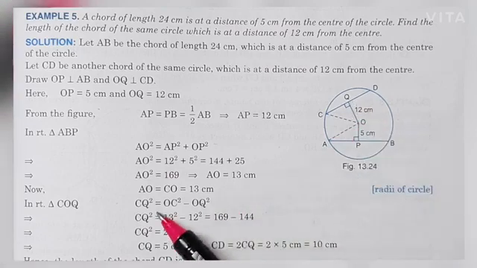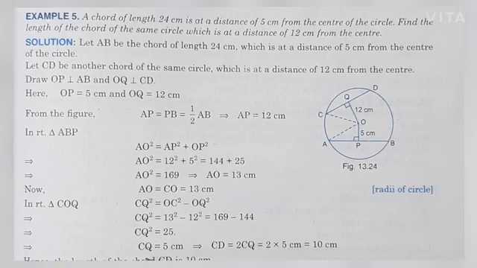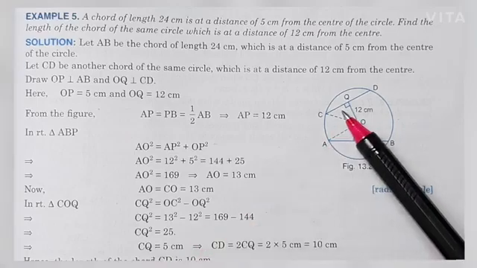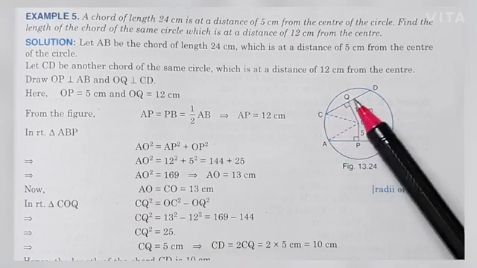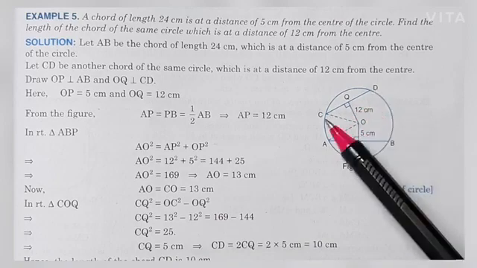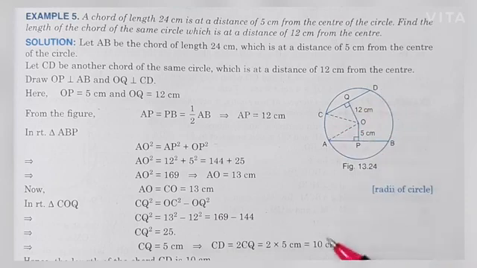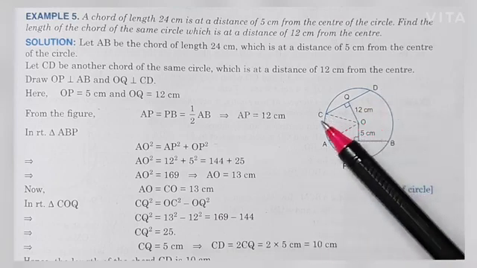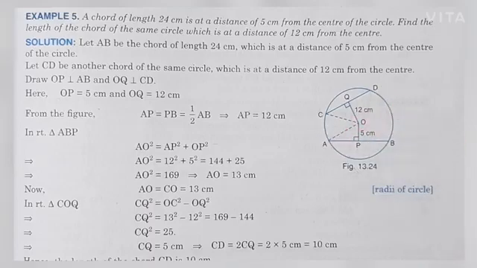So again, after applying Pythagoras theorem, we have got CQ as 5 centimeter. Now since CQ is 5, CD will be twice of it, that is 10 centimeter. So therefore, length of CD is 10 centimeter. I hope it is clear to everyone now.